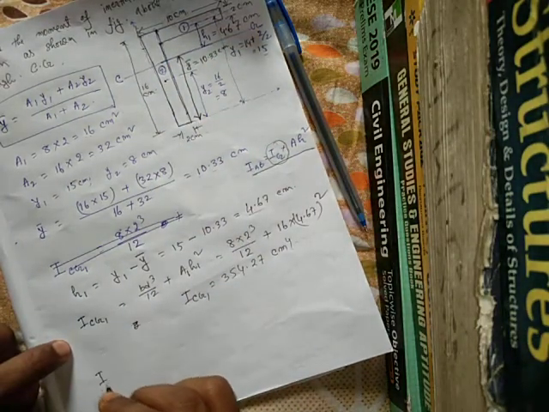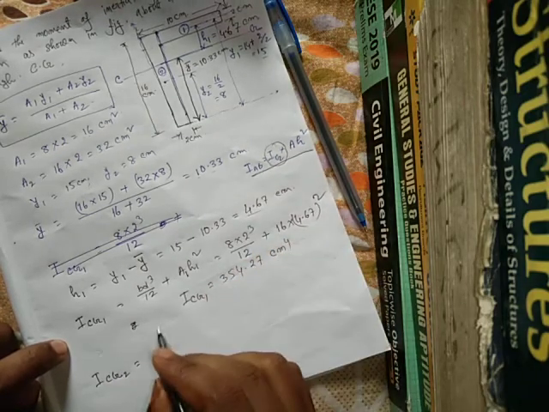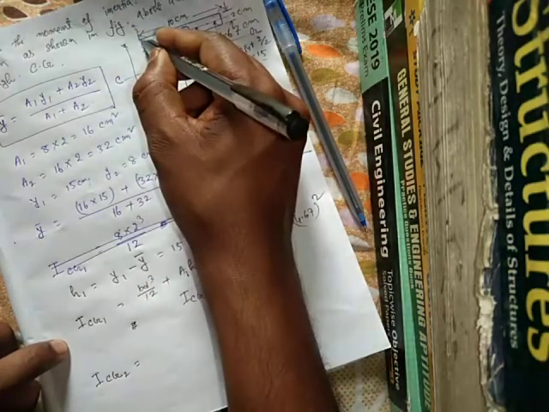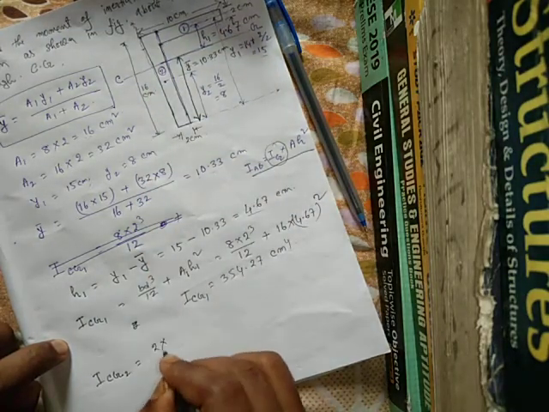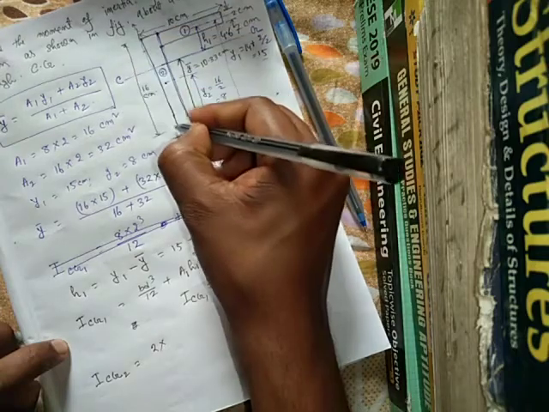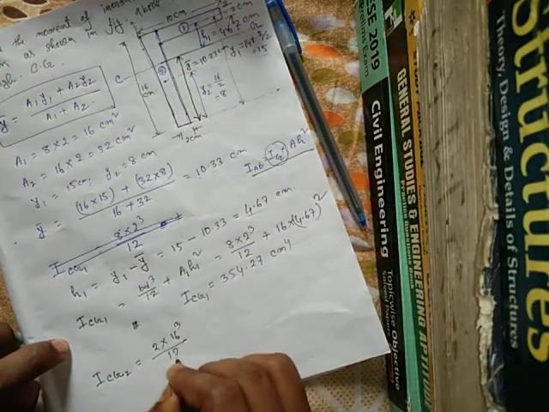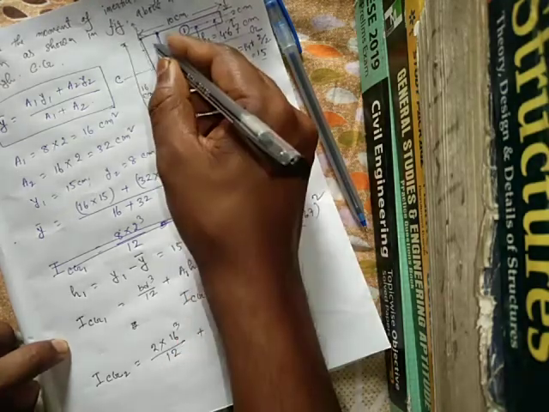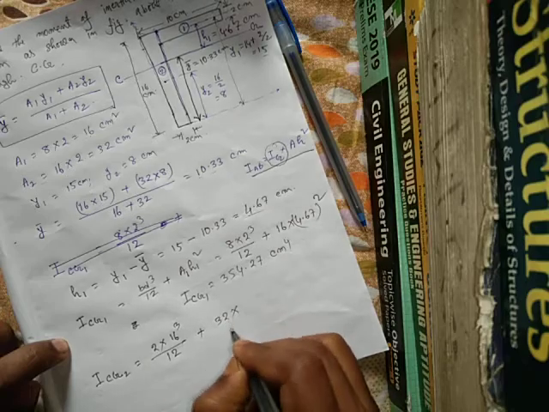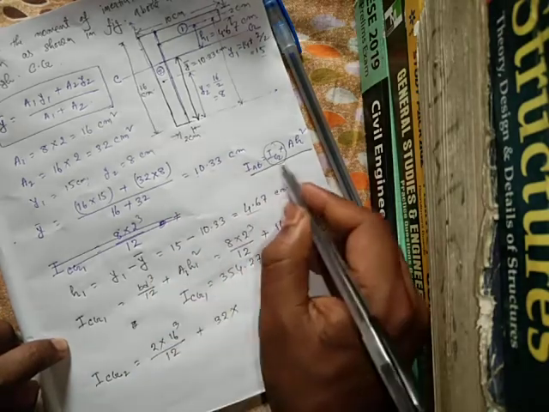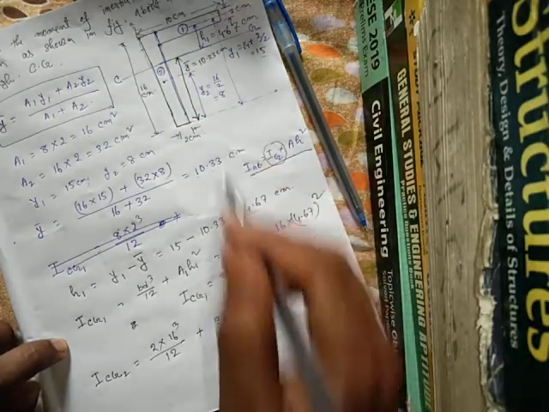Now calculate the moment of inertia of section 2. ICG2 equals, for this section, B equals 2 centimeter and D equals 16 centimeter, so 2 into 16 cube divided by 12, plus the area of this section, 32, into H2.